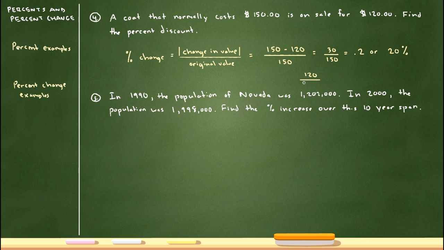Now if we divide this by 150, so you could take the new value and divide it by the original value, and we'll see that this is equal to 0.8, or 80%. Okay. Now, what we're saying here is 120 is 80% of my original value. So this is the part over the whole.